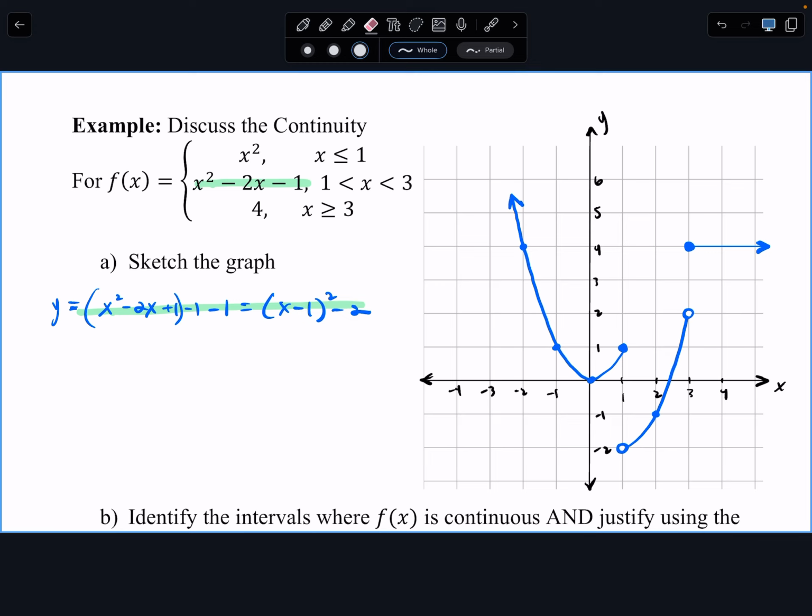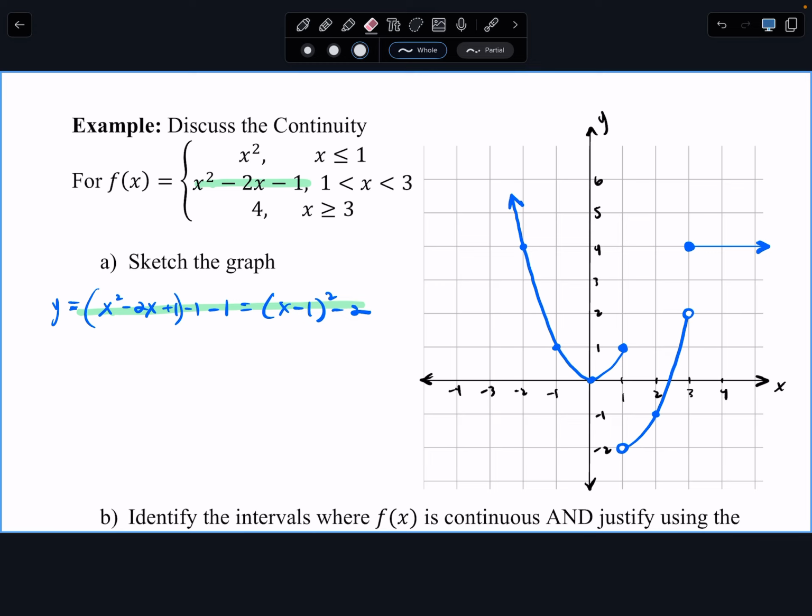Alright, the first part, x squared for x less than or equal to 1, is pretty straightforward. To graph x squared minus 2x minus 1, you could have completed the square and thought about the vertex, or thought of x squared being shifted to the right 1 and down 2. That's the way I thought about it.